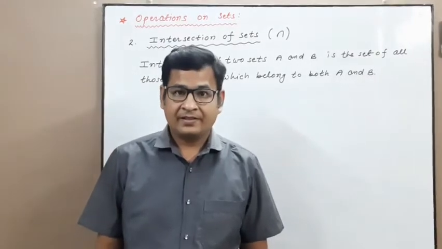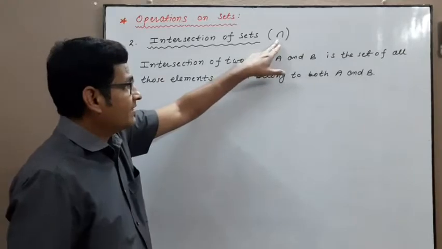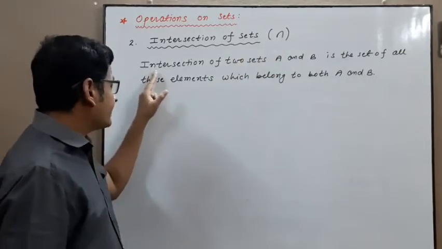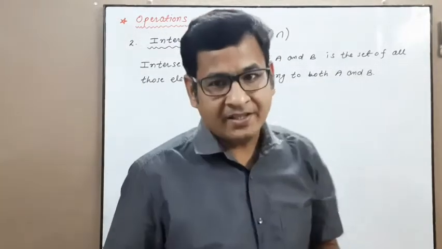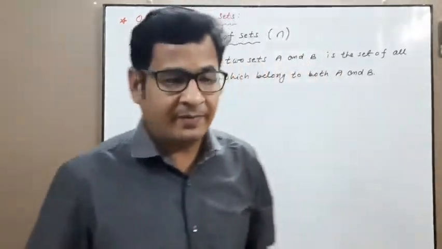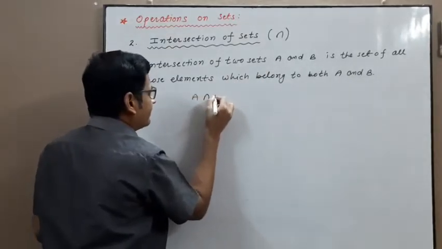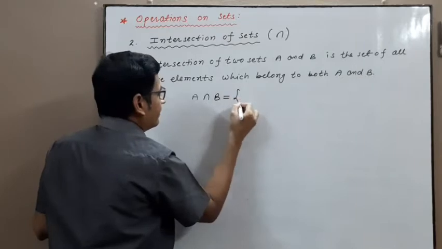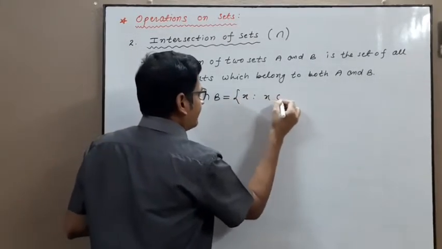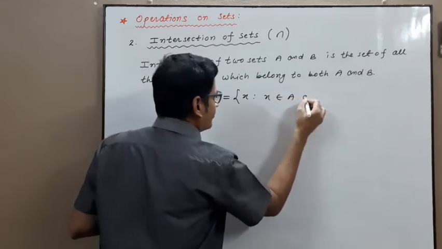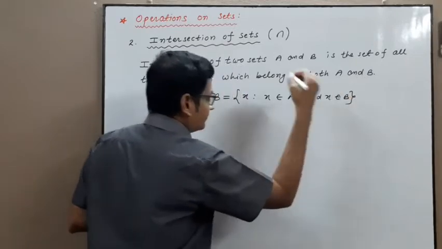Next operation, intersection of two sets. Symbol of intersection is this. Intersection of two sets A and B is the set of all those elements which belong to both A and B. Mathematically we write A intersection B is a set of elements x such that x belongs to both A and B, means x belongs to A and x belongs to B, both.